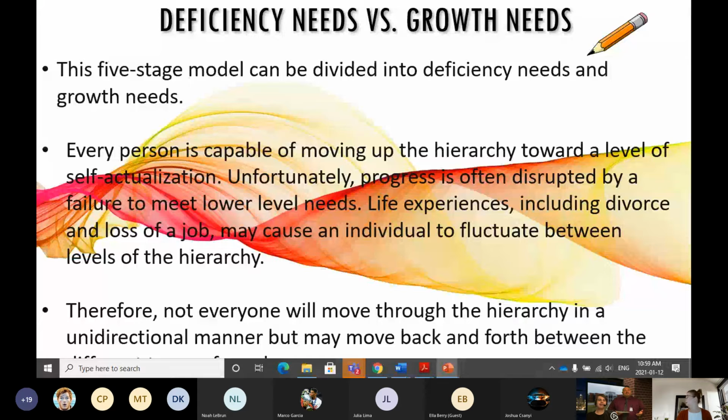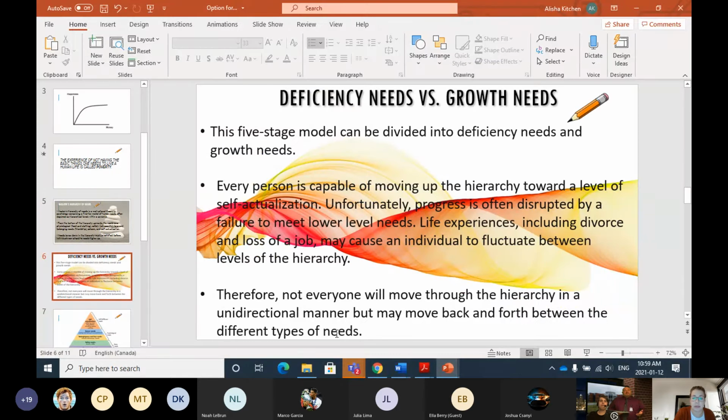It's not smooth sailing in a unidirectional manner. Life experiences, like divorce or a loss of a job, will cause the individual to fluctuate. Therefore, not everyone is going to move through this hierarchy in a fluid motion, but they may move back and forth between the different types of needs.